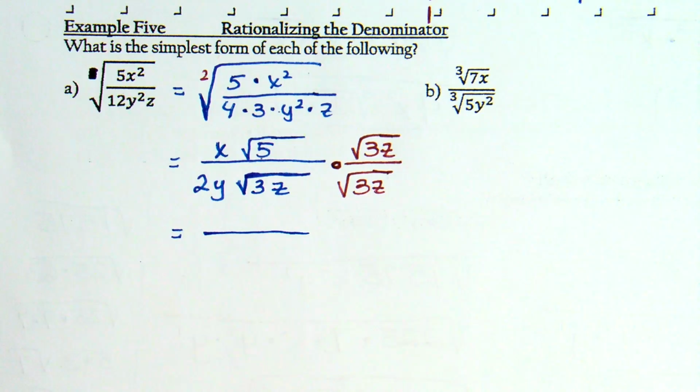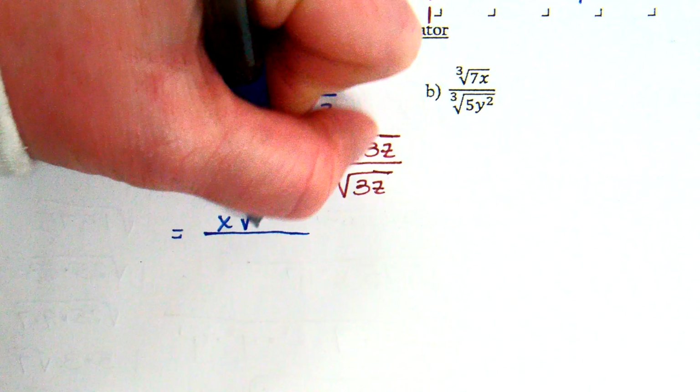Okay, numerator. I have an x outside, and then what's square root of 5 times square root of 3z? Under the radical, you can multiply them as long as they're square roots, so square root of 15z. So we have x times the square root of 15z.